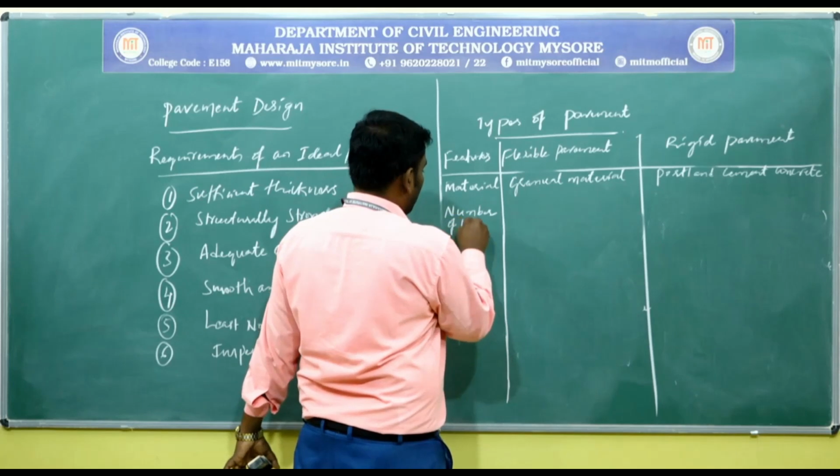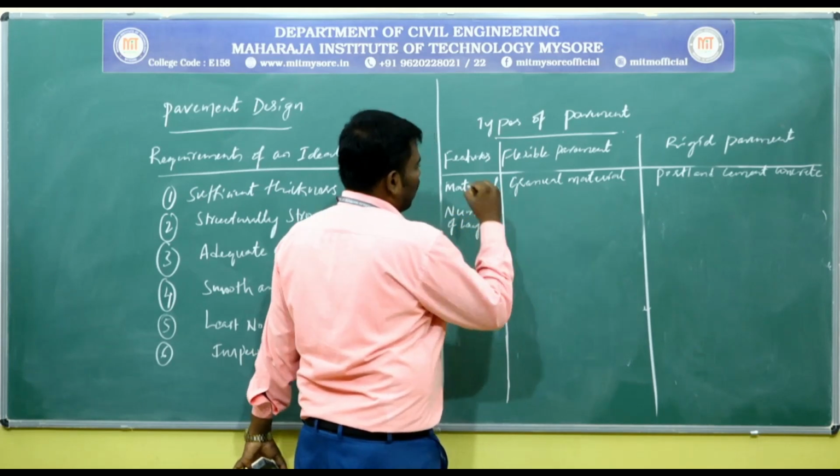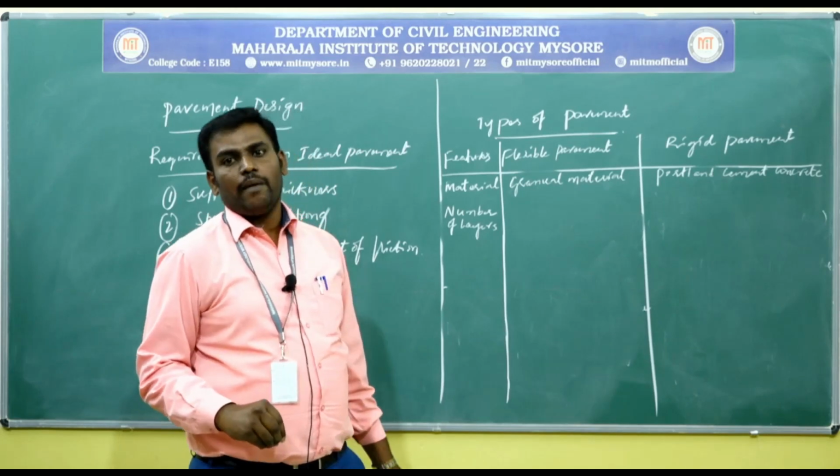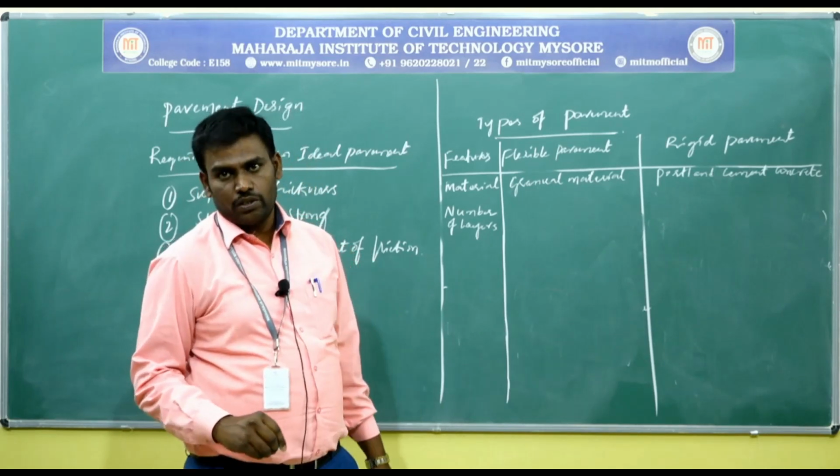And number of layers. In the flexible pavement, above the subgrade there will be 3 to 4 layers.